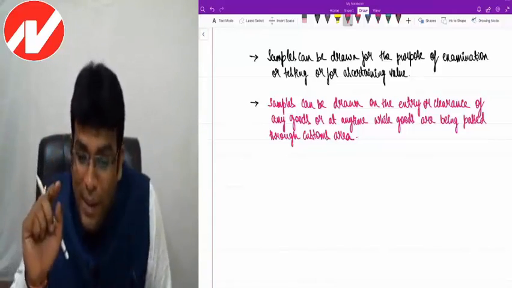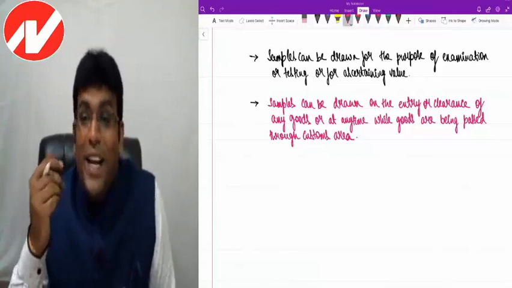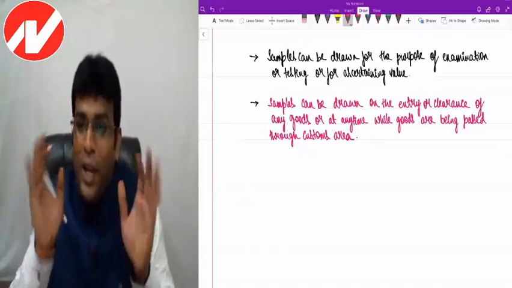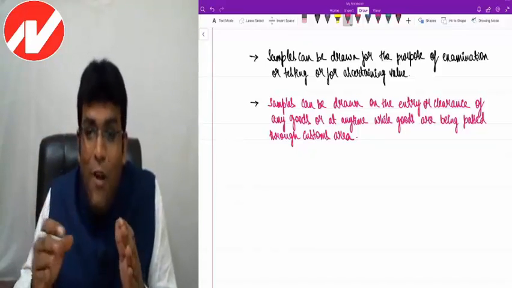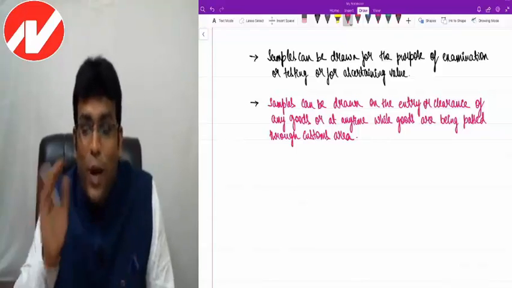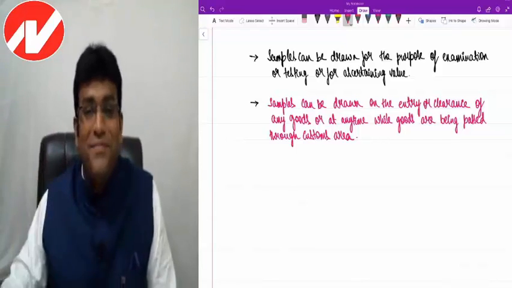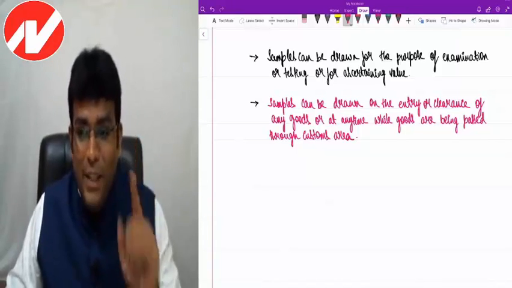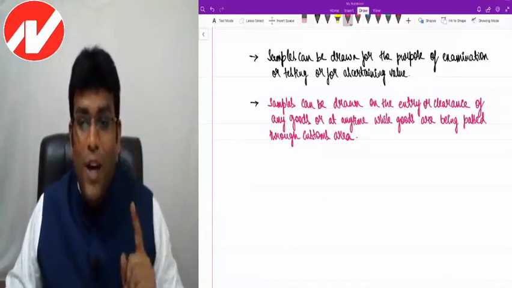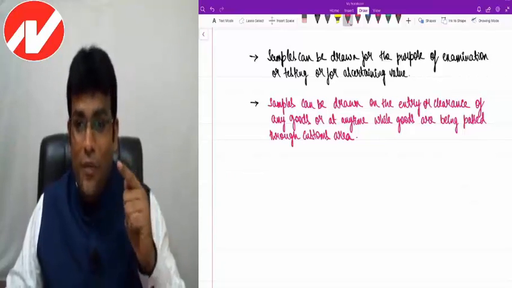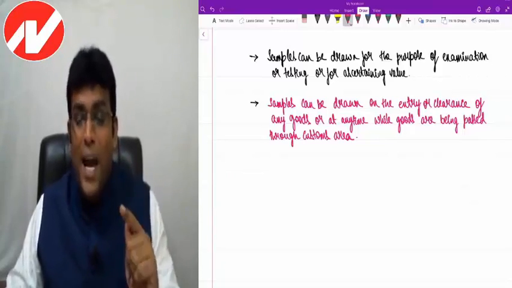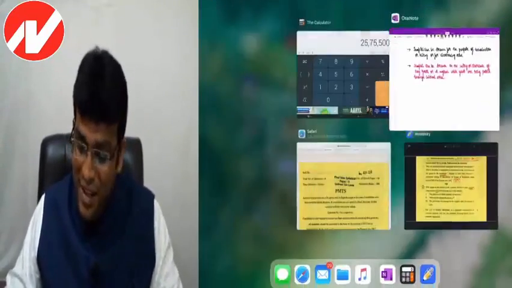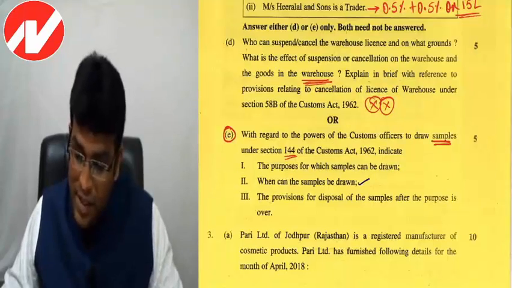So samples can be drawn on the entry or clearance of any goods, or at any time while the goods are being passed through customs area. Next, anything else they asked?